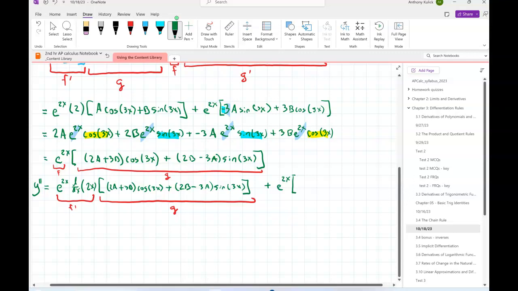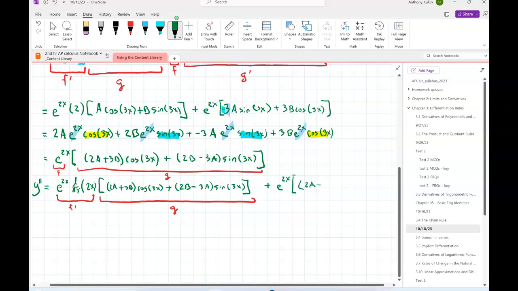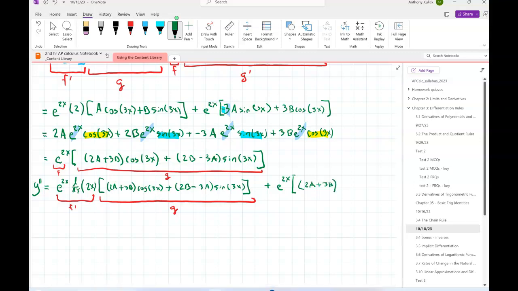Okay. So now I'm going to do the derivative of g. I'm going to ignore the 2a plus 3b because that's a coefficient. The derivative of cosine is negative sine. And then the inside stays the same.